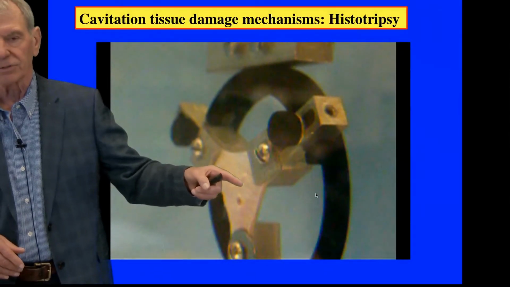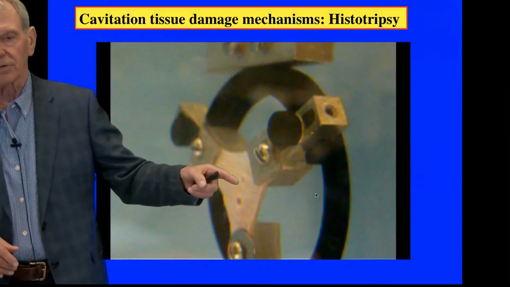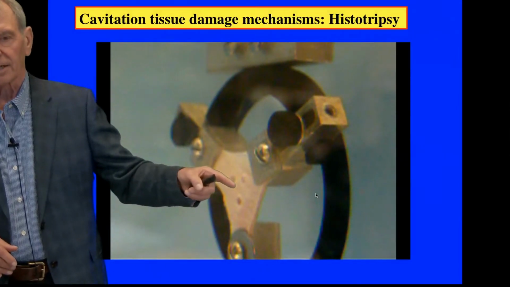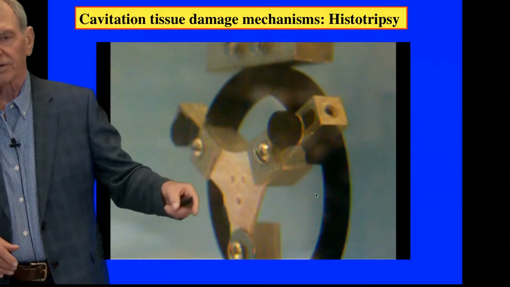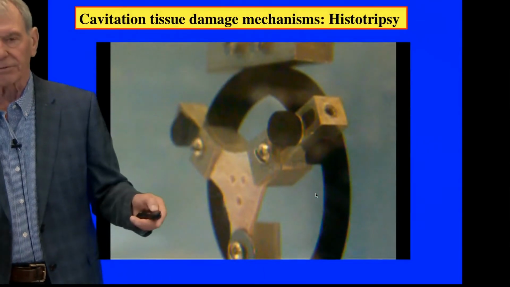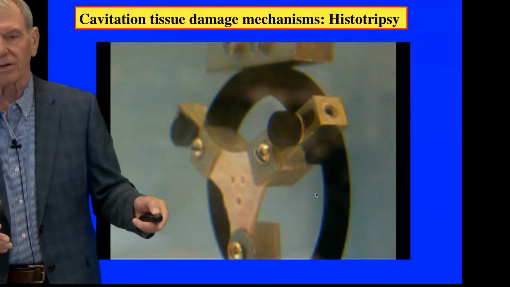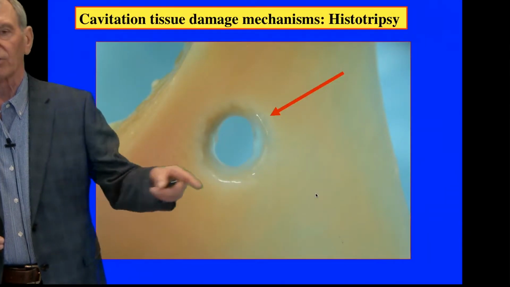And as you see, as the time goes on, there is a change in the surface of the membrane, and after a few seconds, I don't know how long this took, you actually cut a hole in the membrane.